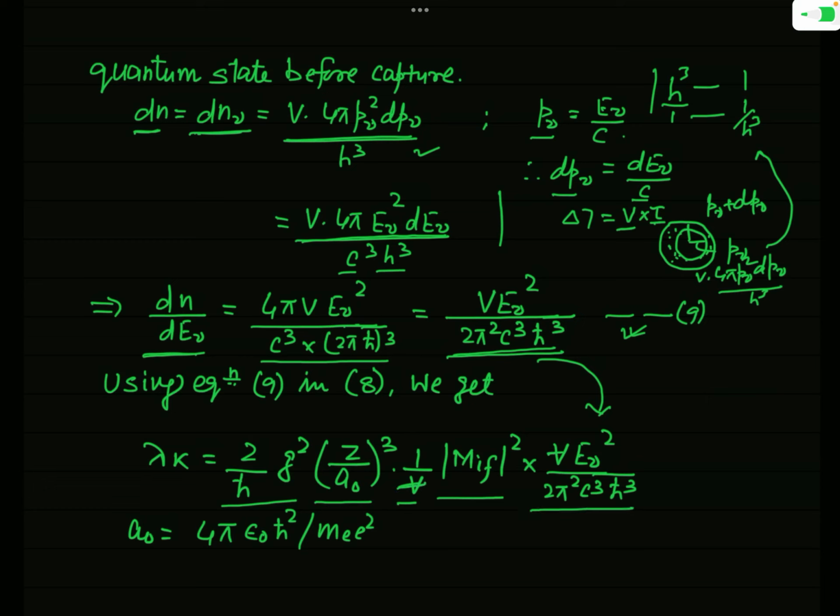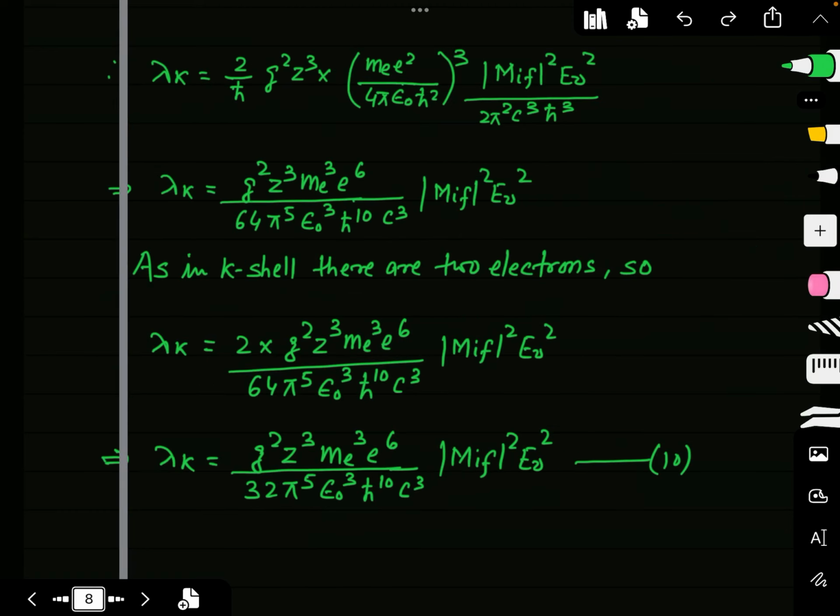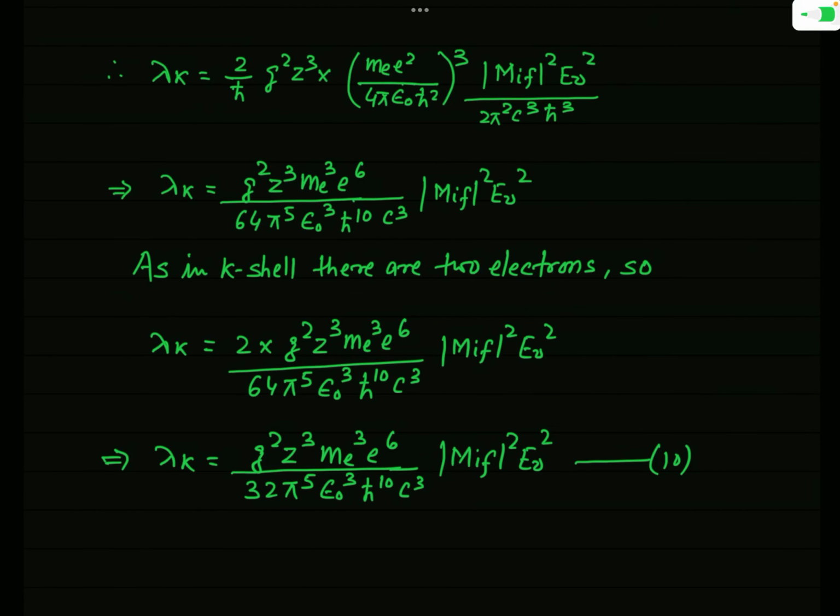Now this V and this V will cancel out, and again you know that the Bohr radius a naught is equal to this much. Remember this expression: this is 4 pi epsilon naught h bar square over m e times e square. Now in this expression we will substitute the value of this Bohr radius a naught, and after substituting, what will be our result? You can see lambda k equal to 2 over h bar g square times Z cube times 1 over a naught cube.